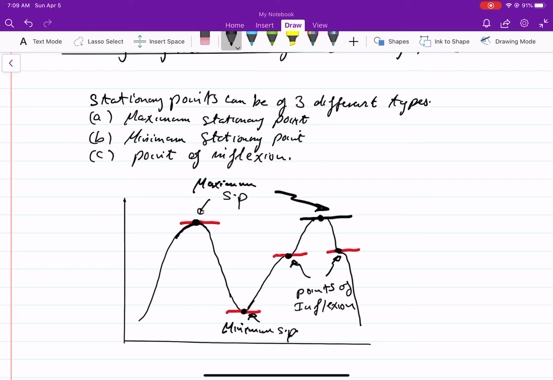Positive, zero, negative. For a minimum stationary point, the gradient goes from negative to zero to positive, like that. For a point of inflection, the gradient will go from positive to zero and back to positive, or from negative to zero back to negative, right there, or right there.